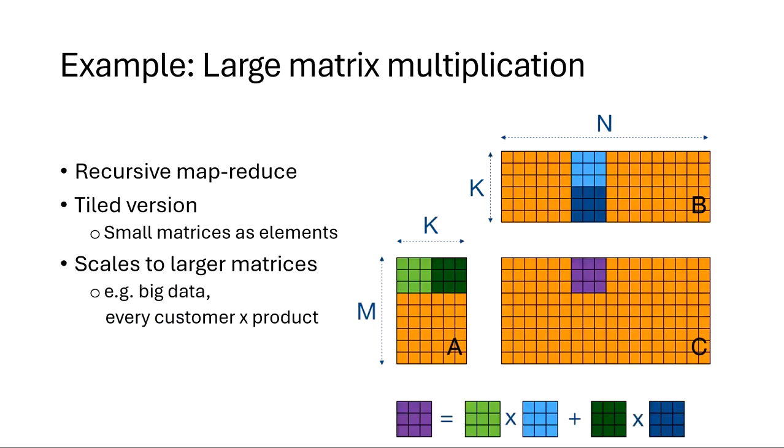You can do this even more recursively. So when matrices become very large, again, say you're doing data science for Amazon, down in Cambridge, where we do it, you might have a matrix that is many millions of dimensions, both rows and columns. Every row might be a product, every column might be a customer.